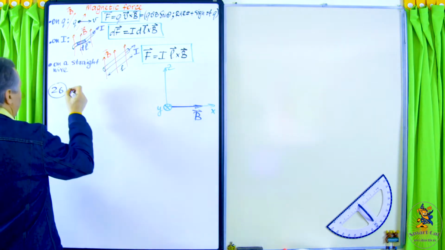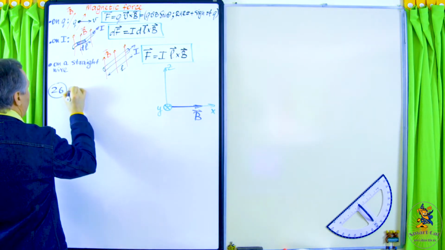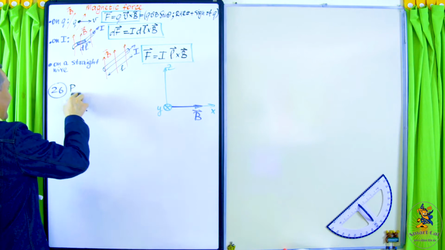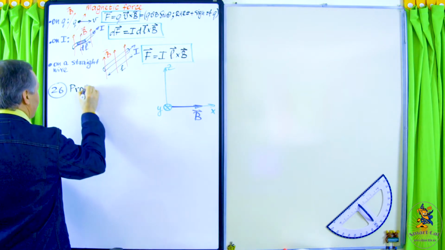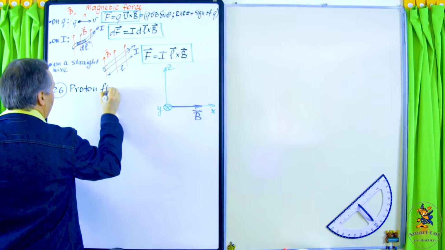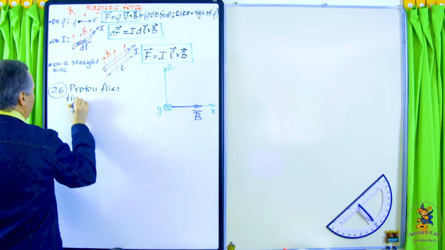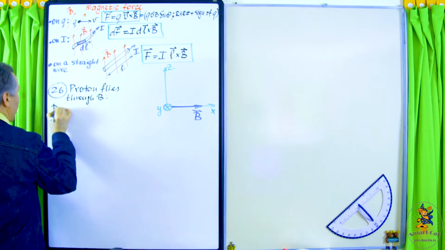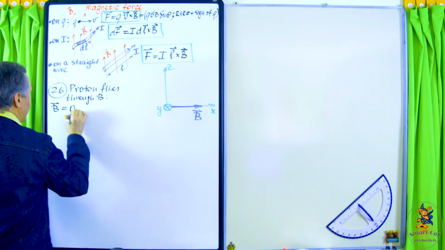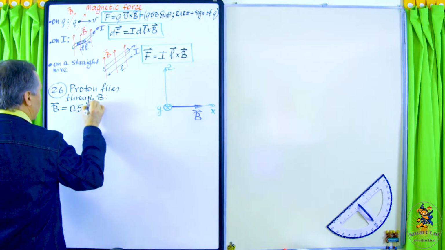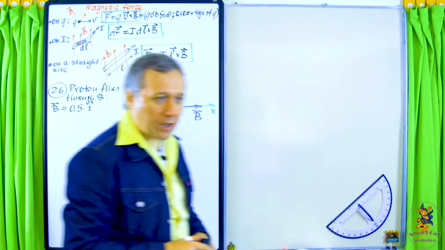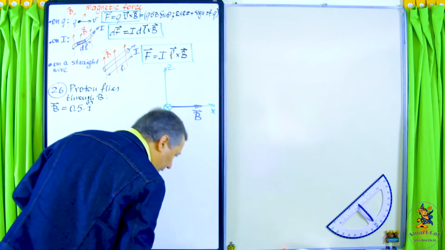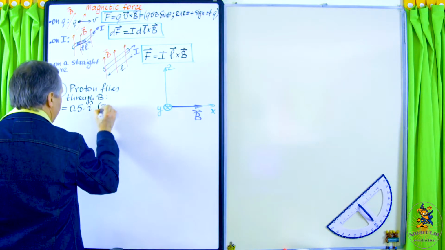First let me write: we have a proton that flies through B. B is given and it's along the x-axis, its absolute value is 0.5 and it acts in the x direction. You see, 0.5 i hat. Hat means a unit vector. And of course the units of magnetic field are Tesla.